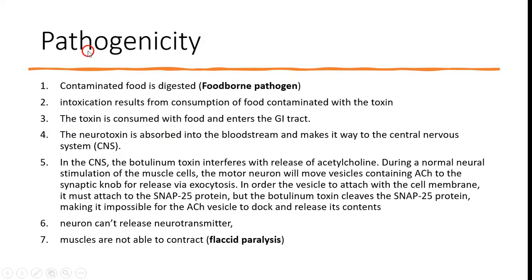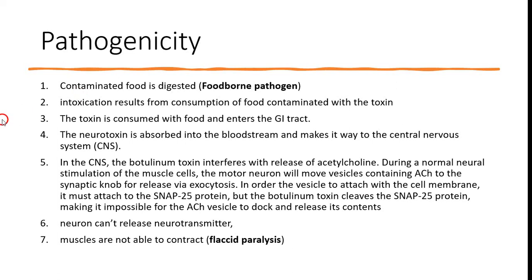So what happens? How does this occur? So there's different ways. So let's look first at what the foodborne pathogen is for botulism. So in this case, contaminated food is digested. So that means the bacteria is in the food, the bacterium has released the toxin, and you have ingested that toxin. So through the consumption of food with toxins, the toxin gets into the GI tract and then it gets absorbed.